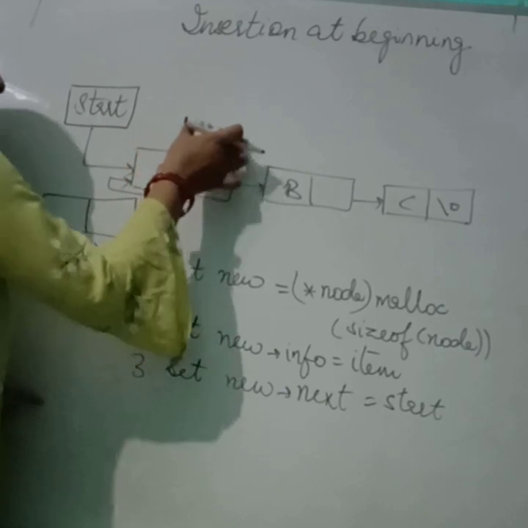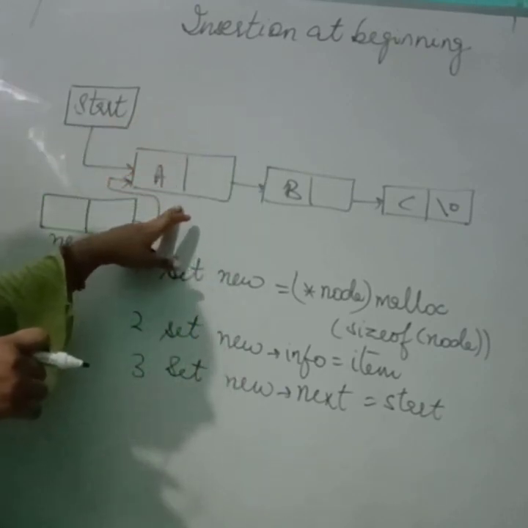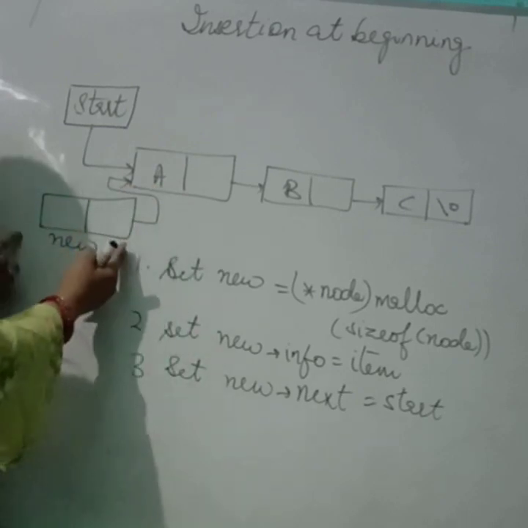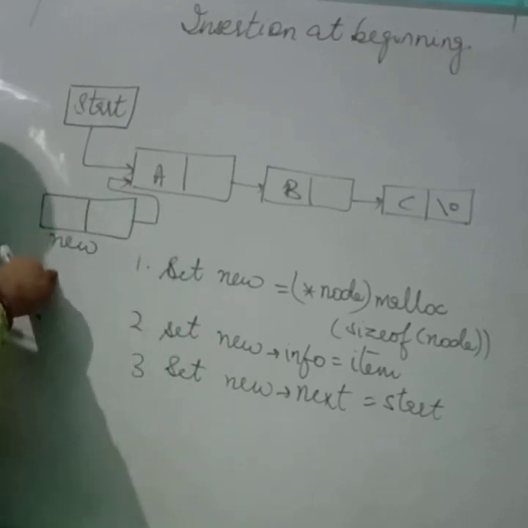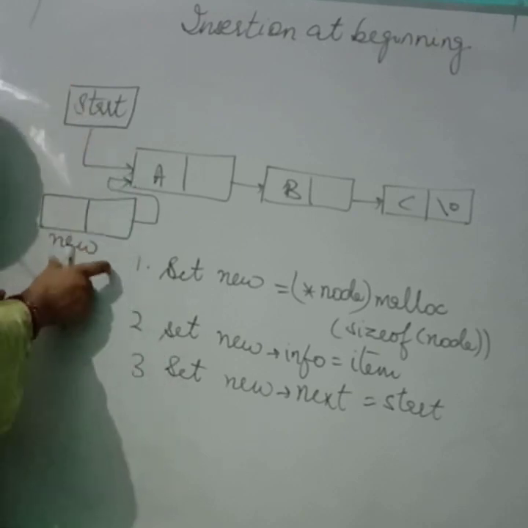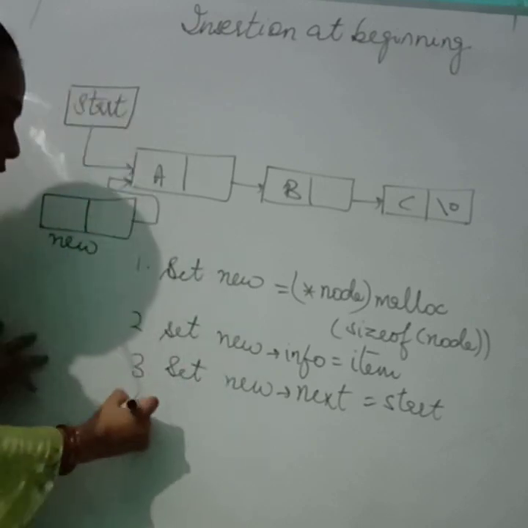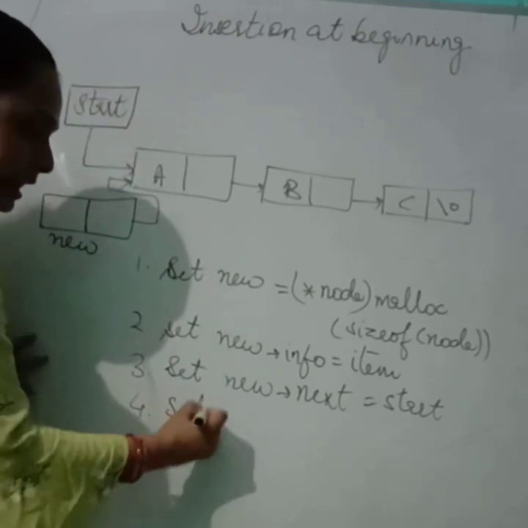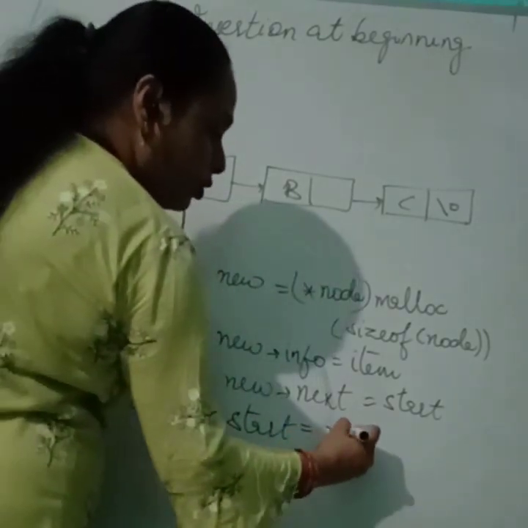But still the node which is having A is the first node of the list, and we have to make this new node as the first node of the list. So for this we have to link this start, we have to give the new address to this start. So for this we will write set start is equals to new.